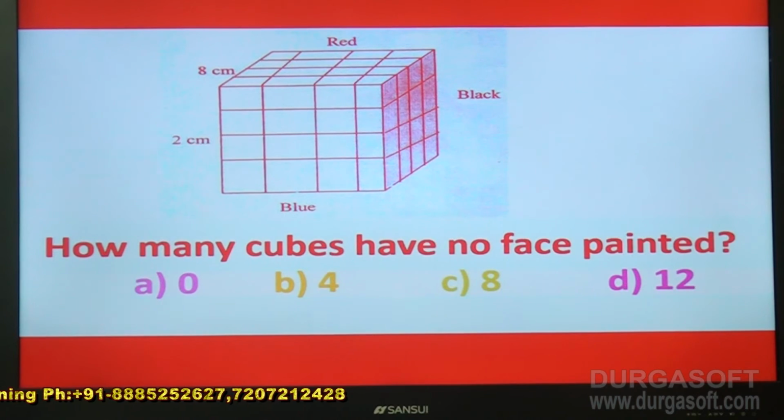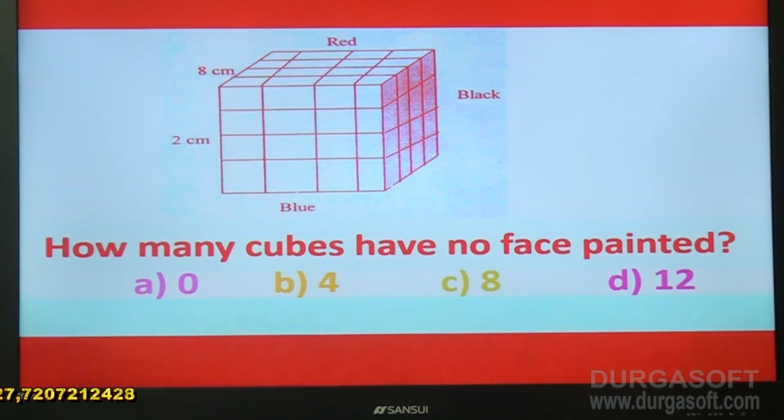My idea to work out this question is, first we know the total number of small cubes. Out of all the small cubes, if we deduct the cubes which are painted, then we will get the number of cubes which are unpainted.